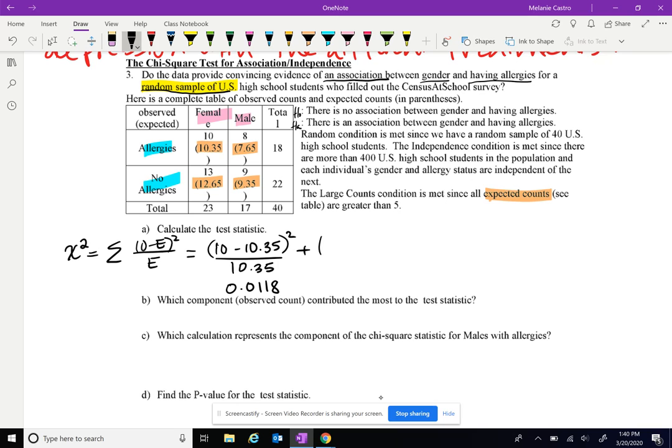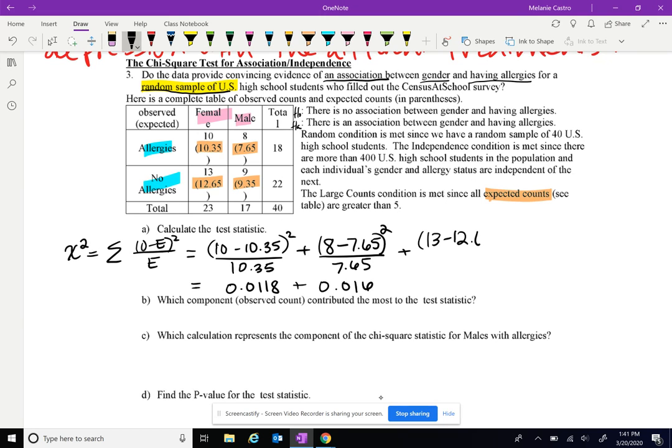Then you're going to do the next observed minus expected squared divided by expected. 8 minus 7.65 squared divided by 7.65 should be 0.016. Two more of those.